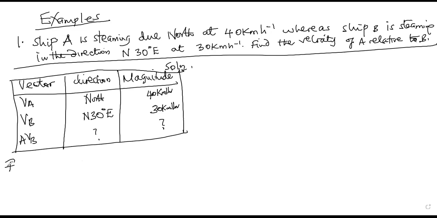For A, the sketch is very easy. They told us that ship A is steaming due north at 40 kilometers per hour.